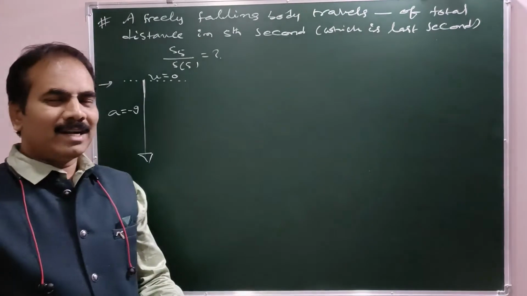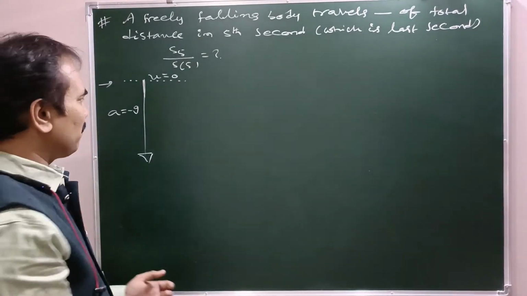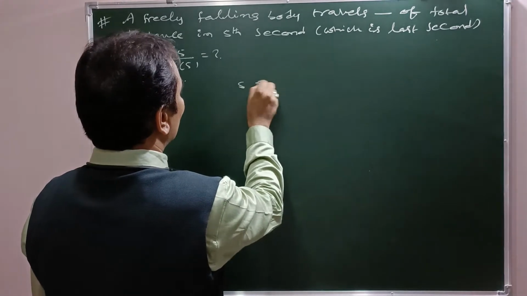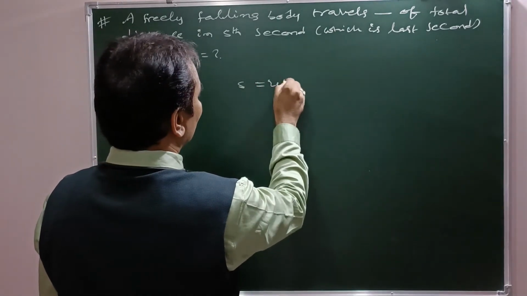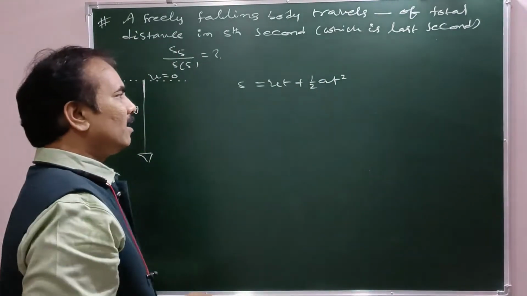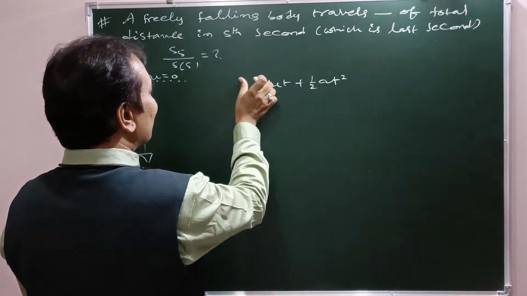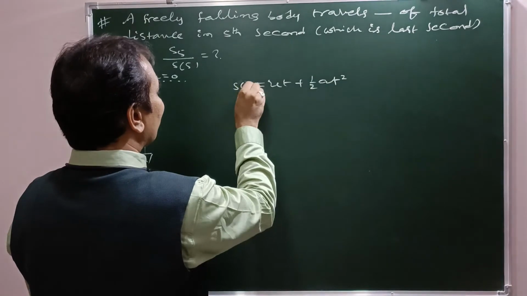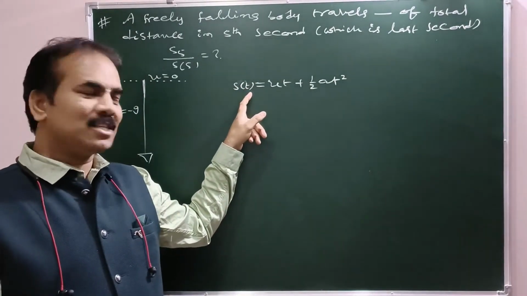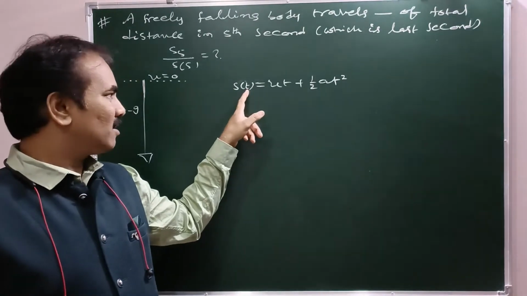Now we know that S equal to ut plus half at square. This is the distance covered in t seconds, that is S of t. In fact, S of t means distance or displacement covered in total t seconds.